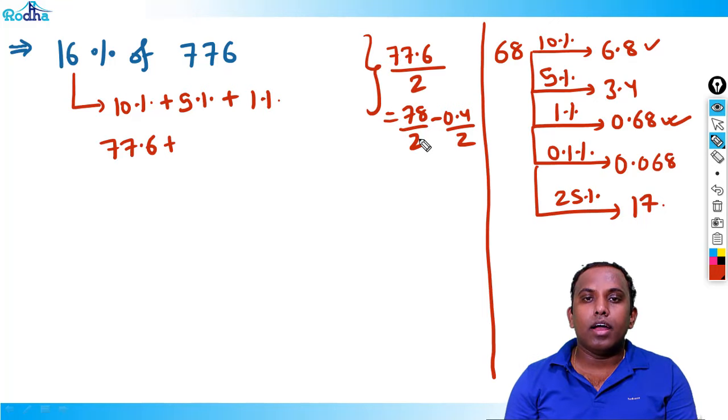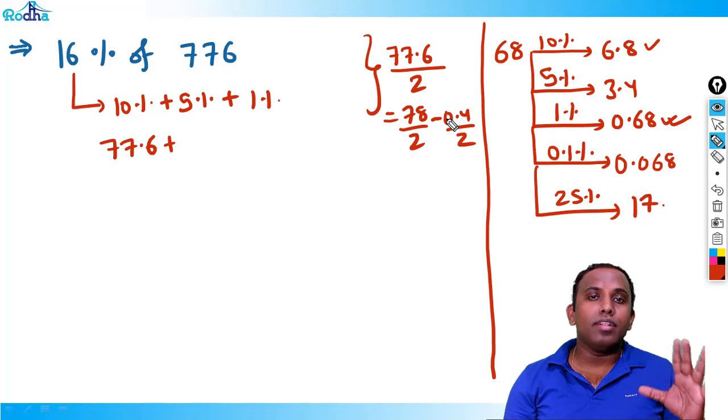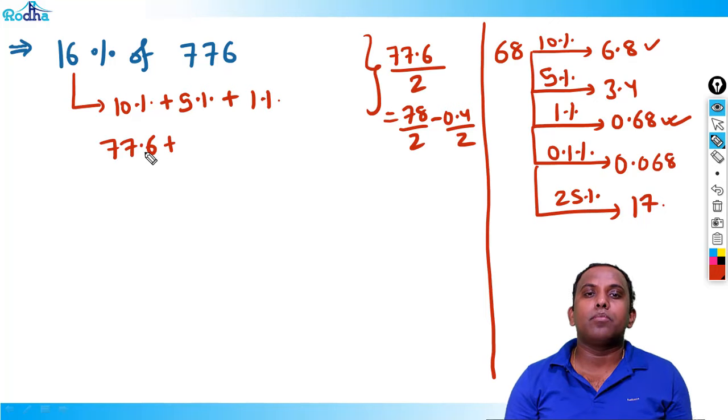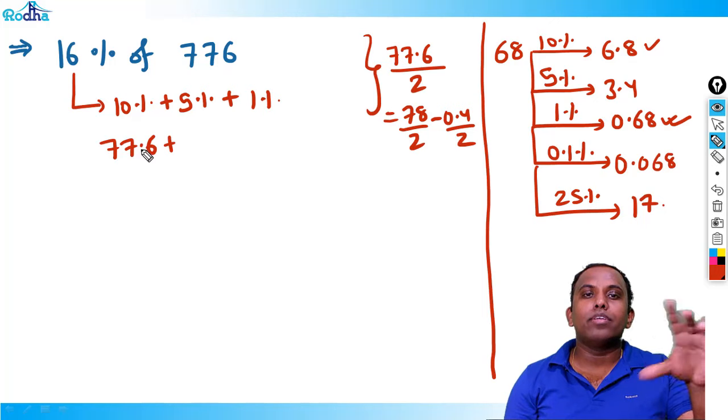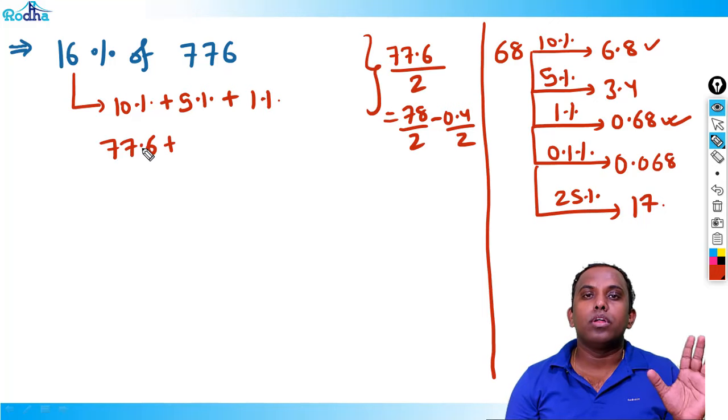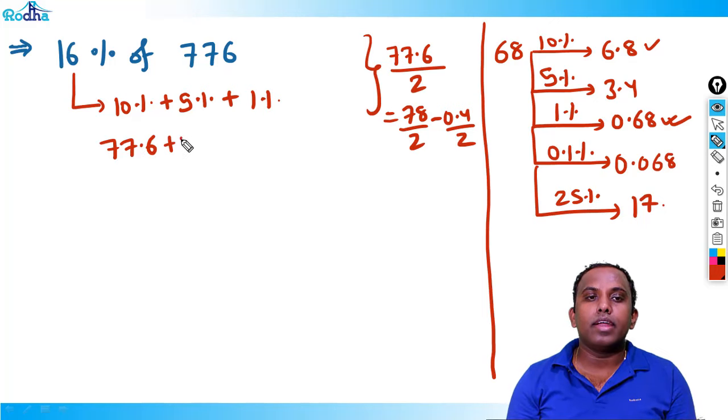Half of 78 is 39, and half of 0.4 is 0.2. So 39 minus 0.2 is 38.8. These things become very easy if you can calculate mentally.